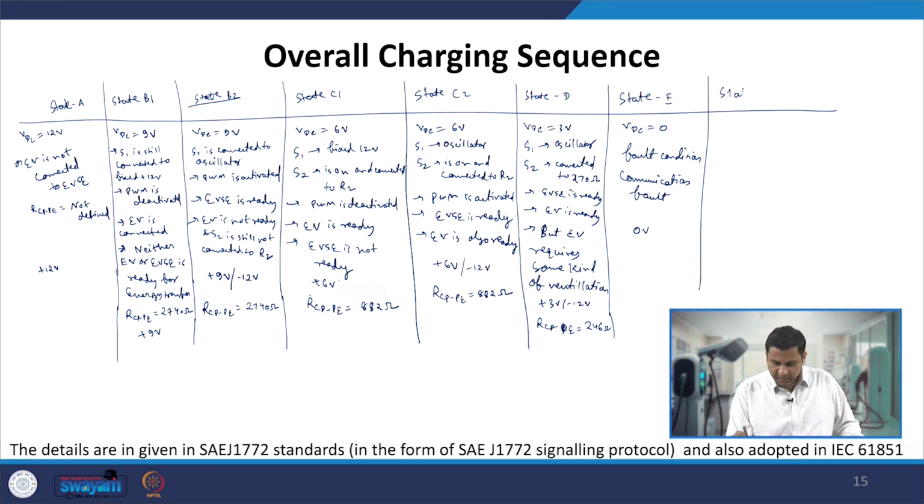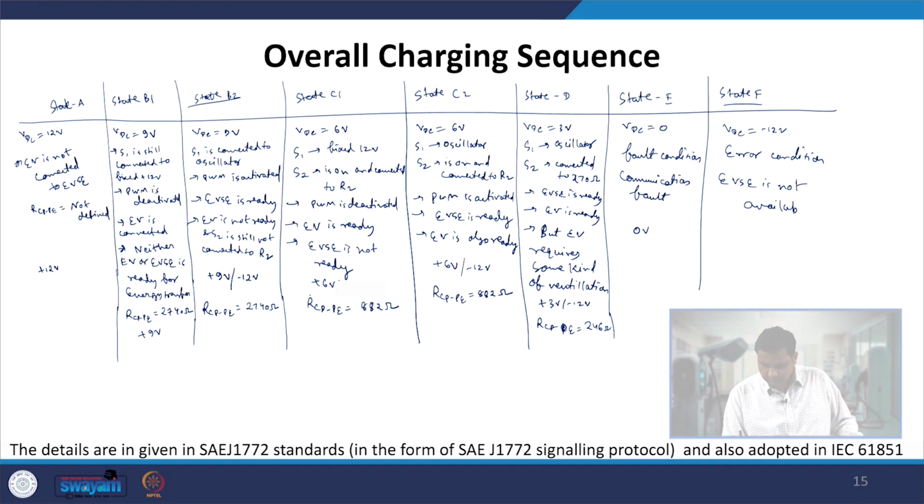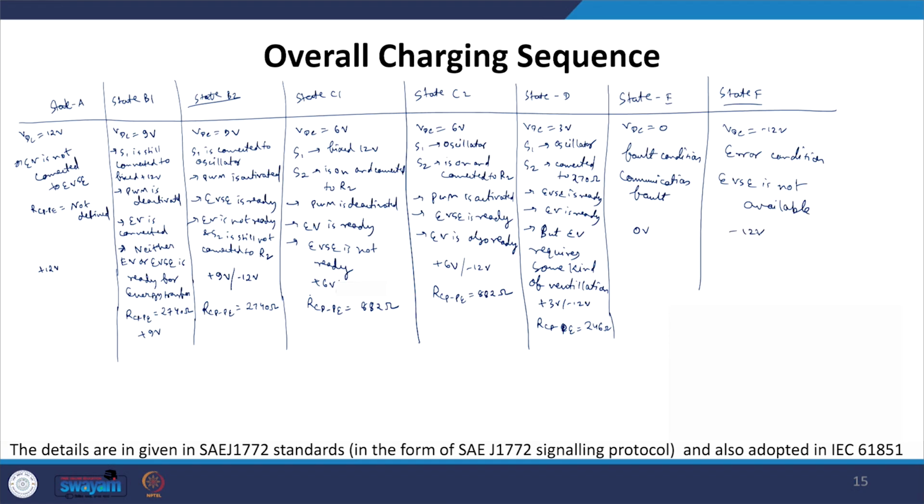And finally we have state F. In state F our VDC is equal to minus 12 volt, which is an error condition. Error condition could be suddenly removing the EVSC, you can say EVSC is not available, and here we will not have any PWM, we just have minus 12 volt.